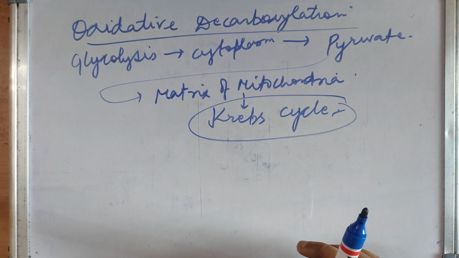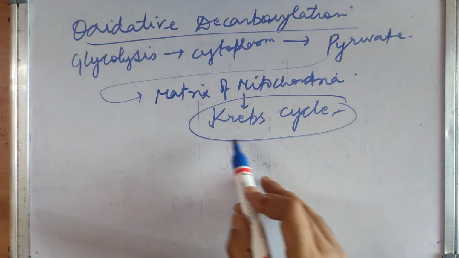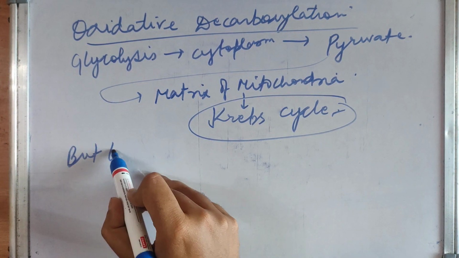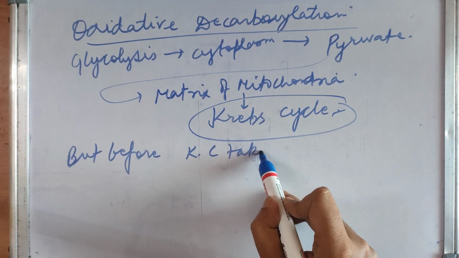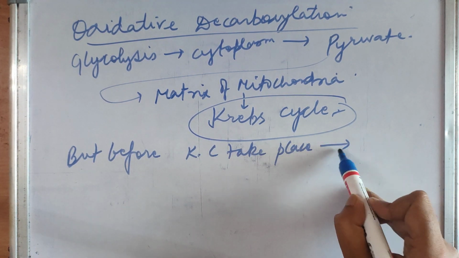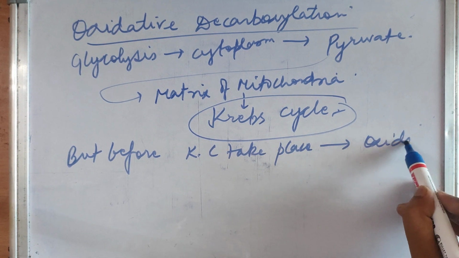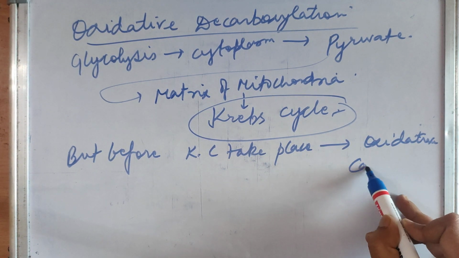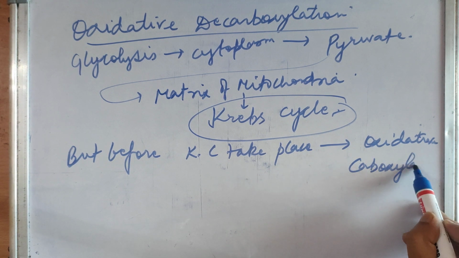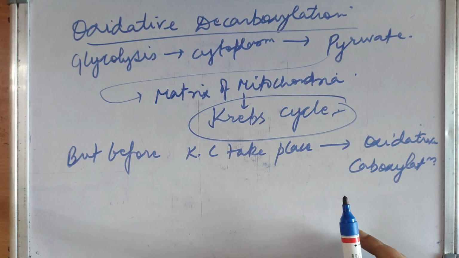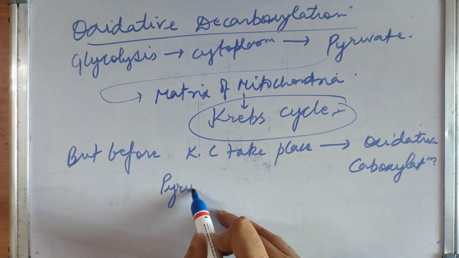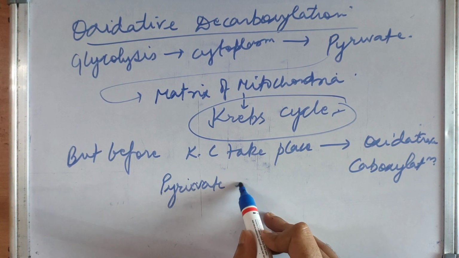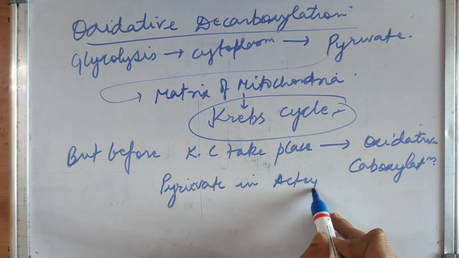But before the Krebs cycle takes place, we need another step called oxidative decarboxylation, which has to convert pyruvate into acetyl CoA.